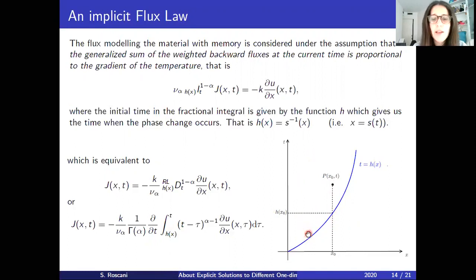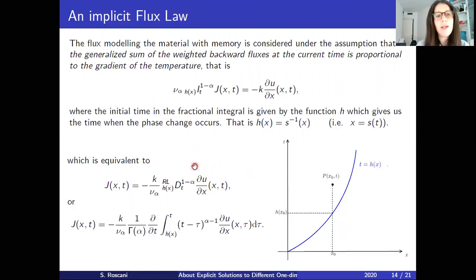So suppose that our assumption about the flux is that the generalized sum of past fluxes in time is, at the current time, because they are evaluated at the current time, proportional to the gradient of temperature. If I make that assumption, then I will be able to say that the flux can be written in terms of Riemann-Liouville integrals, and so the model proposed by Professor Wöhler is the same.